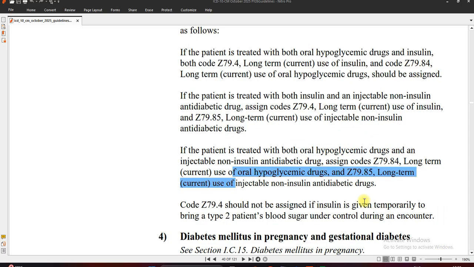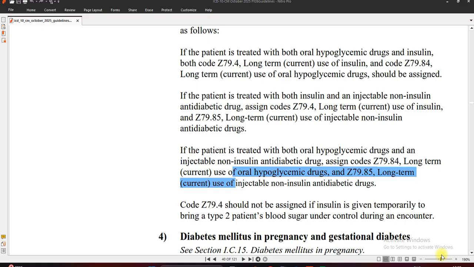In a different scenario, the patient is on oral hypoglycemic drugs as well as injectable non-insulin anti-diabetic drugs. In that case we need to use Z79.84 for oral hypoglycemic drugs as well as Z79.85 for long-term use of injectable non-insulin anti-diabetic drugs.